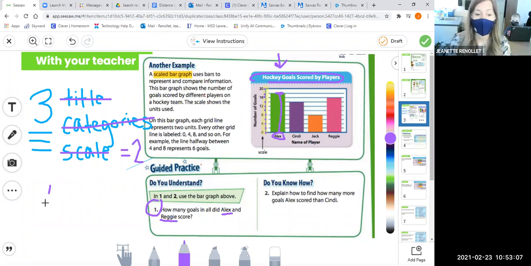Alex scored 18. So I'm going to write Alex. He scored 18 goals in his hockey games. Right now, you are recording with me just like I'm doing. Alex scored 18. You need to write that on your Seesaw page.